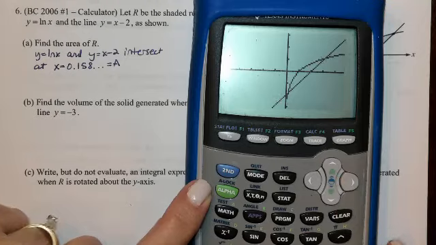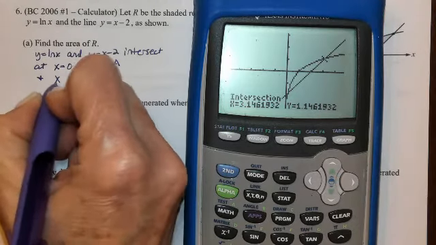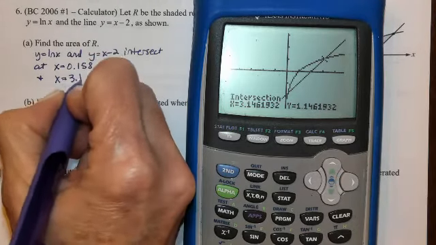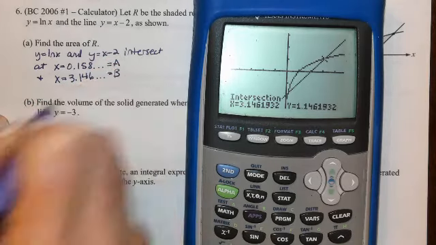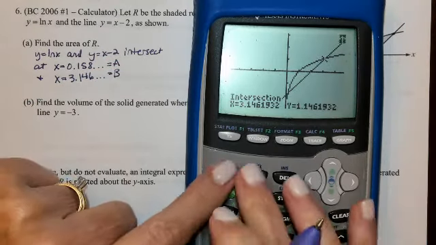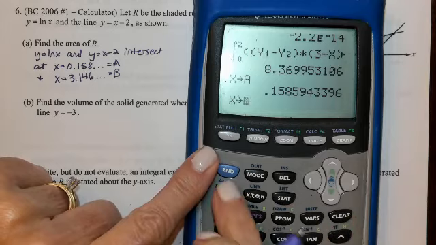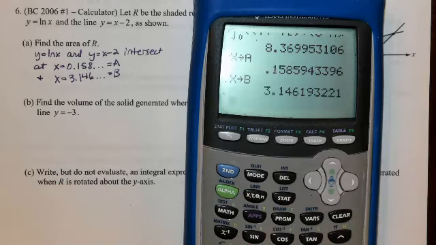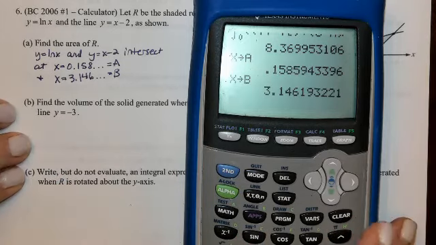Enter, enter, enter. And x is equal to 3.146 dot dot dot, and I'm going to go store that in for b. Second quit, and then x, store in for b, and now I'll always have those two, which should be crucial throughout this problem.